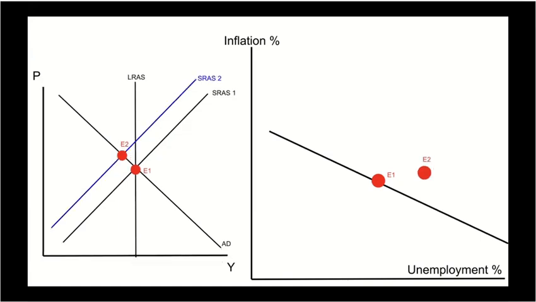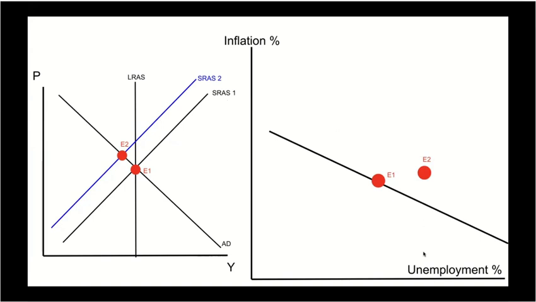Now, if we move on to the next case, when we first shifted the supply curve to the left, in the aggregate demand and aggregate supply model over here, this is our level of full employment. Anything below that in output means that we have more unemployment. And if we go up the vertical axis, we're going to have higher prices.